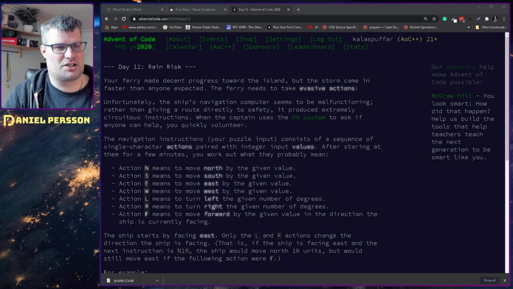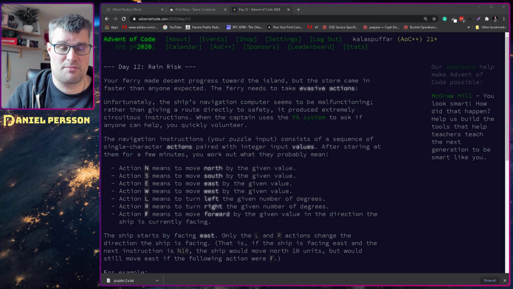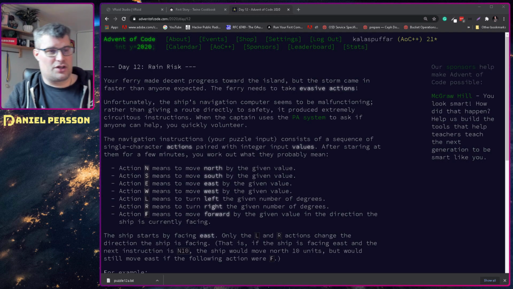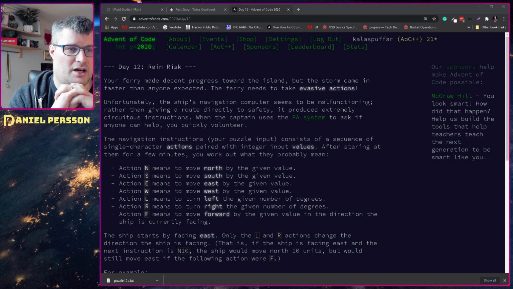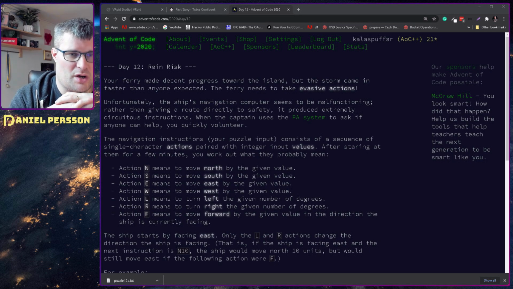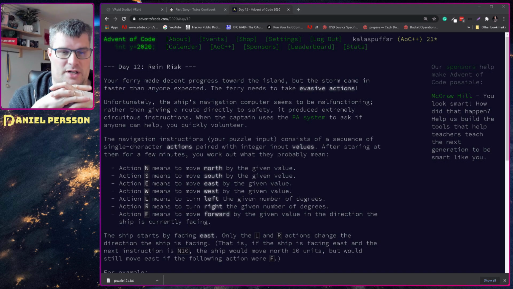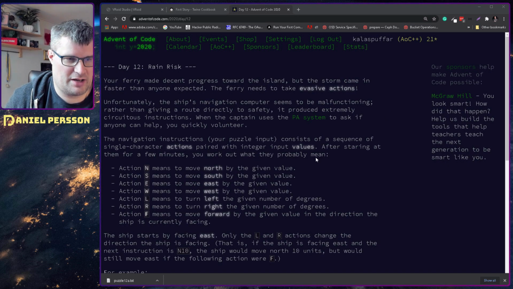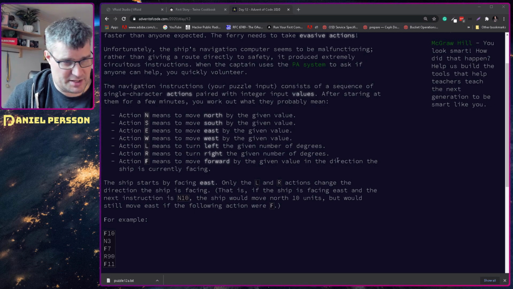The navigation instructions, or your puzzle input, consist of a sequence of single character actions paired with an integer input value. After studying them for a few minutes, you can work out that they probably mean north, south, east, west, left, right, and forward, and that left and right are given in degrees.